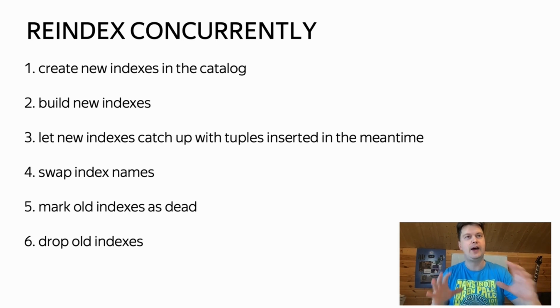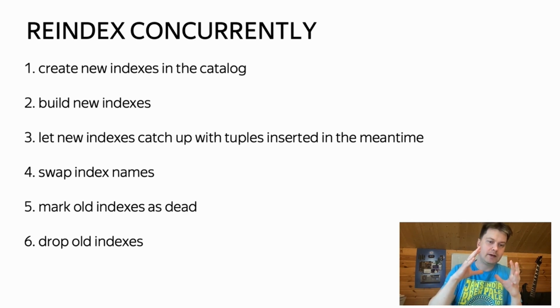And now I'm going to tell you how I was hunting bugs. This feature was implemented many years ago, in Postgres 8-point-something, but from time to time it was causing problems.